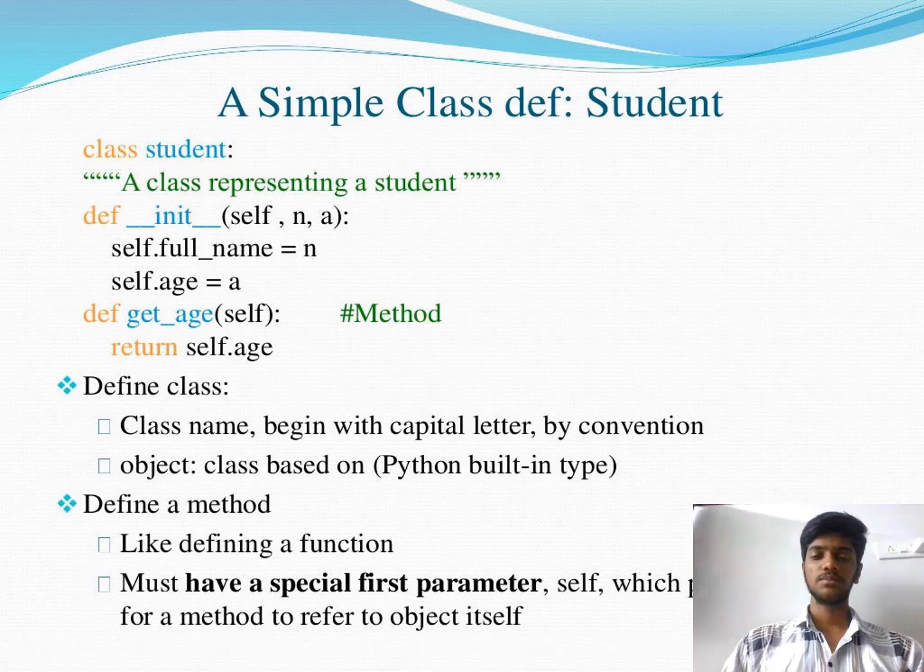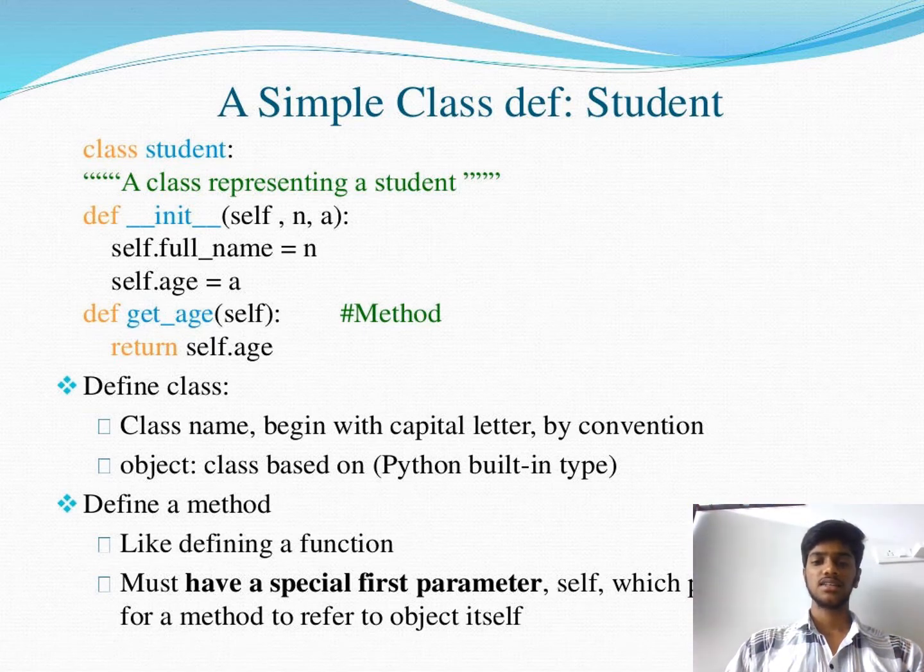A simple class definition: class Student, a class representing a student. def __init__(self, n, a): self.full_name = n, self.age = a. def get_age(self): return self.age.